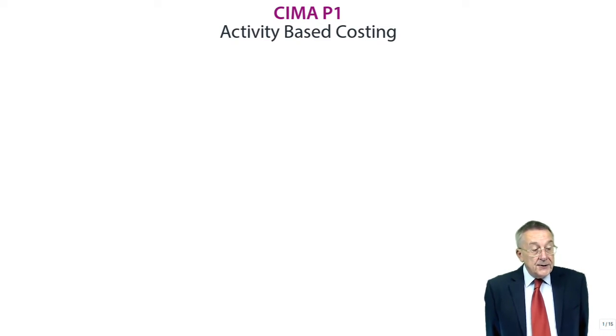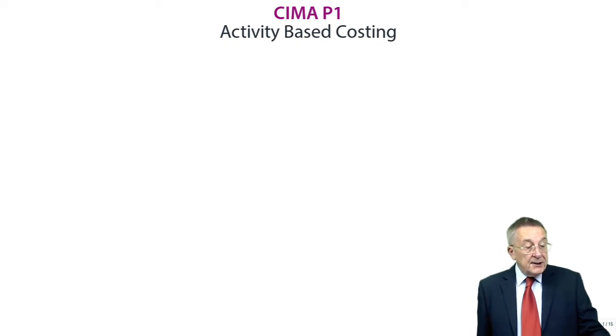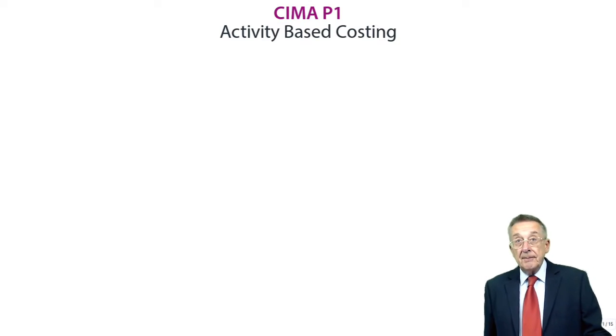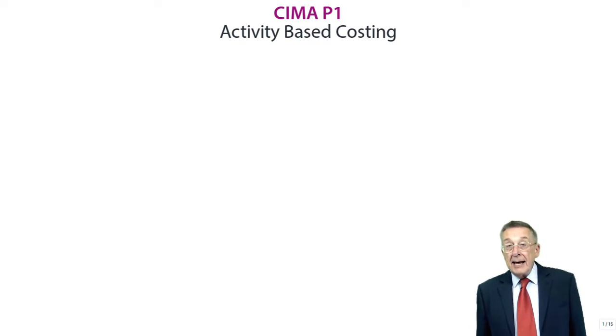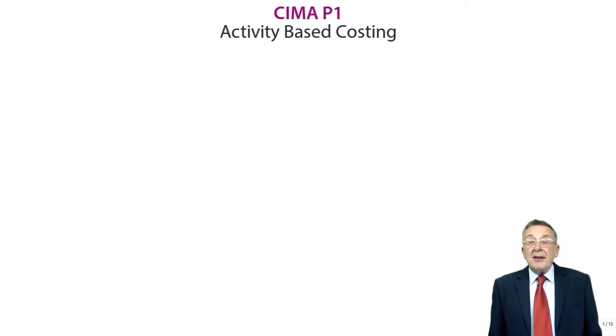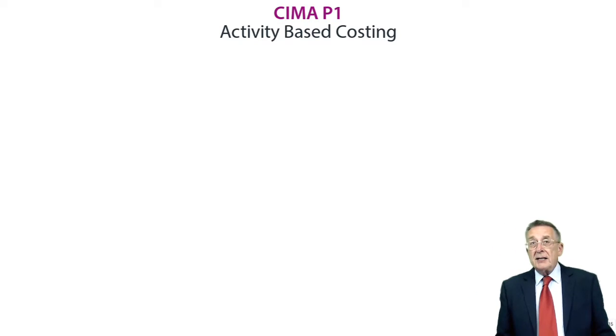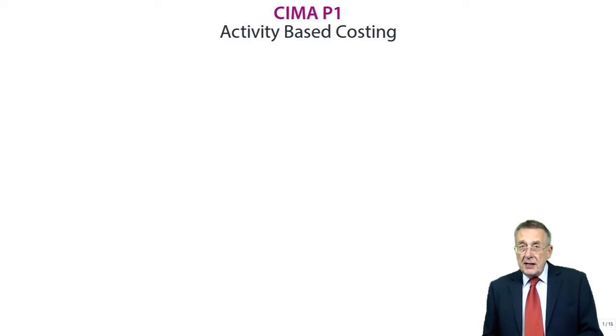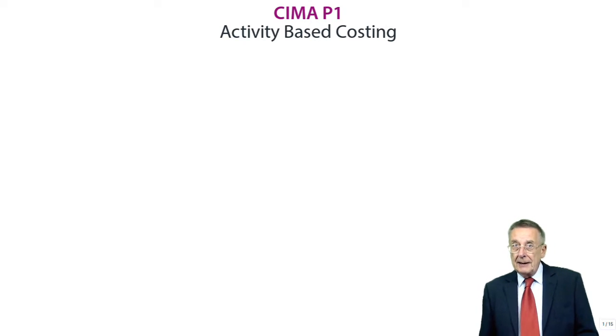With the requirements, part A asks us to calculate the cost and hence profit per unit, absorbing all the overheads on the basis of labour hours. So in fact, that is what we were looking at in the last chapter. It's traditional absorption costing.